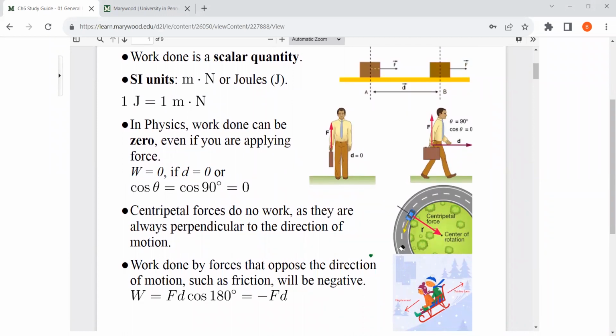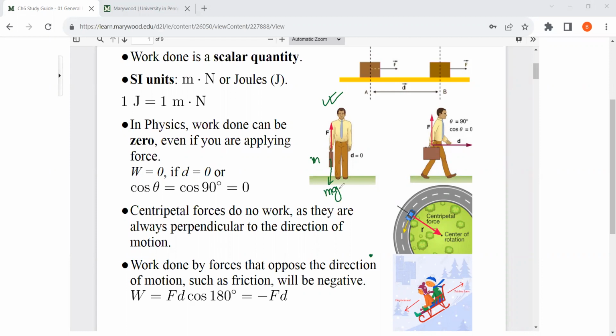Let's consider this picture. This person is holding a briefcase. The briefcase has mass m, so it has a gravitational force, downward, mg.